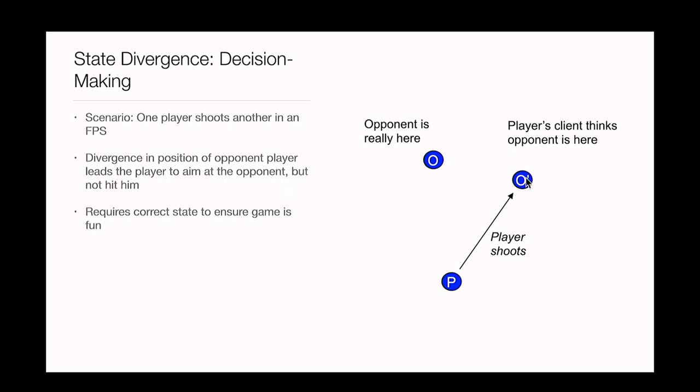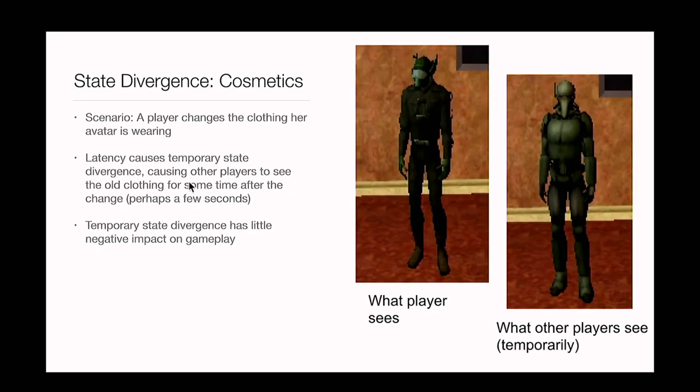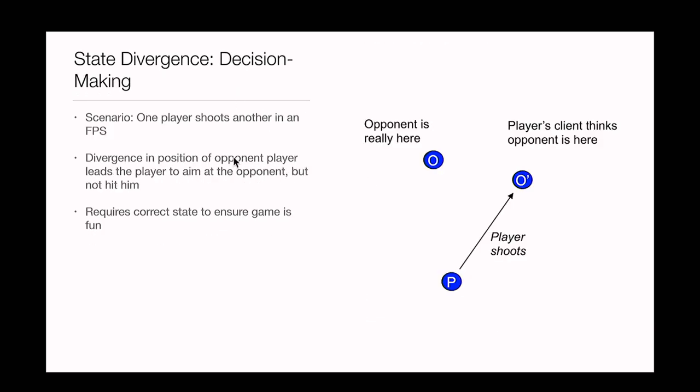But in reality, the opponent was over here, and they never did get hit. So the state divergence causes player one to incorrectly think they've aimed at and hit the opposing player when in reality they haven't.